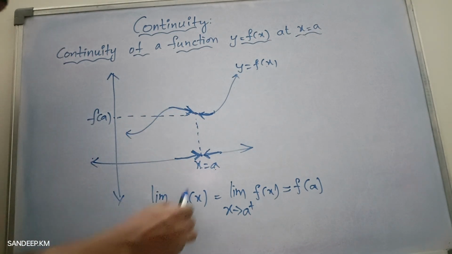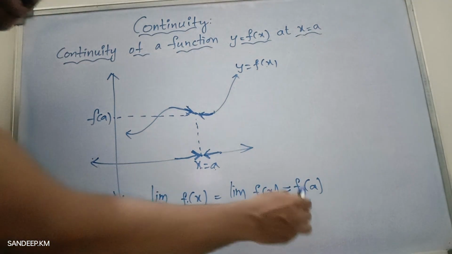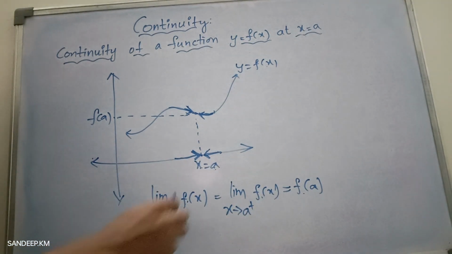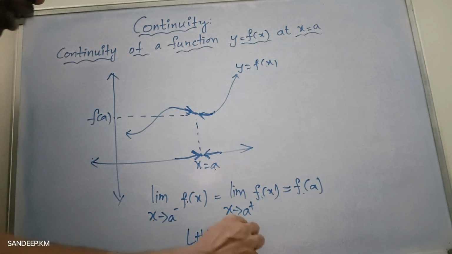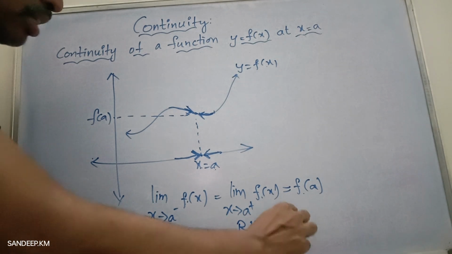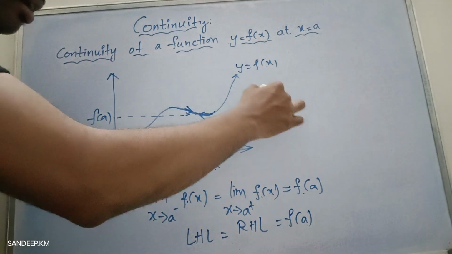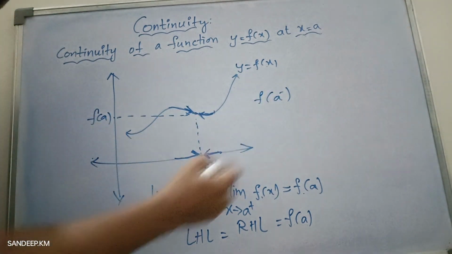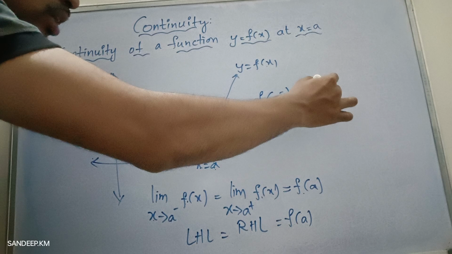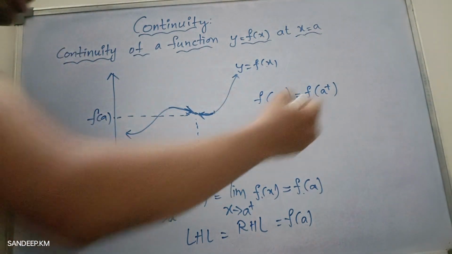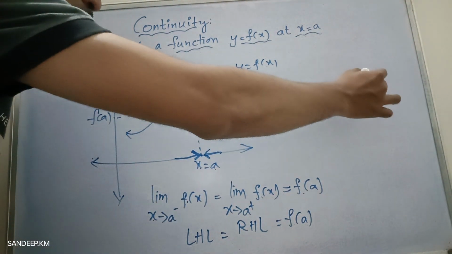The left hand limit should be equal to right hand limit. It should be equal to the value of the function. It means that, once again let me write it, LHL, the left hand limit, must be equal to RHL, must be equal to the value of the function. I can also write like this. LHL is f of a minus. It should be equal to RHL, which is f of a plus, and it is equal to the value of the function f of a.